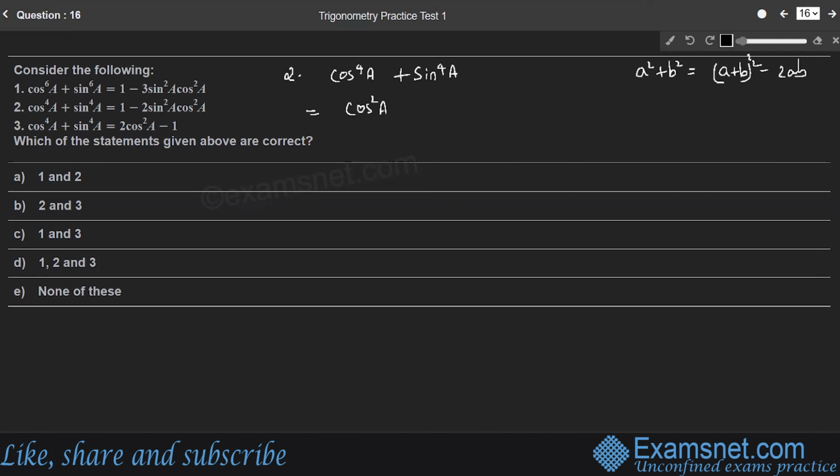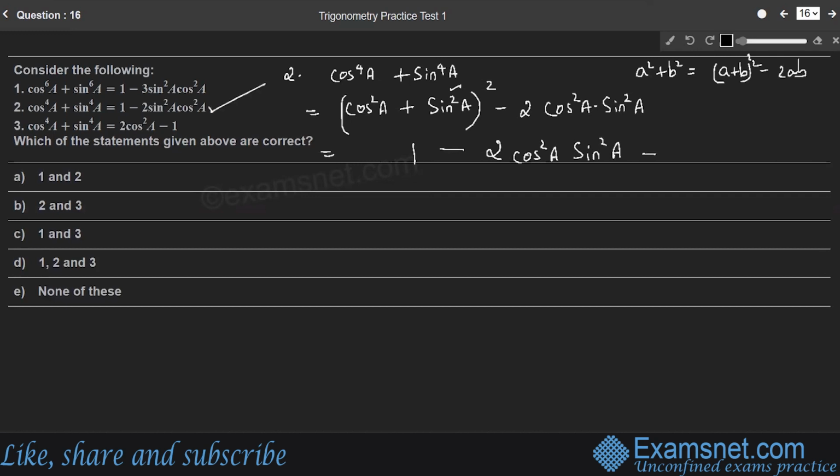So (a plus b) is (cos square A plus sin square A) the whole square, minus 2 times cos square A into sin square A, which is 2 times ab. Since cos square A plus sin square A is 1, its square is also 1, minus 2 times cos square A into sin square A. Therefore, the RHS is exactly the RHS of the given statement. Hence, the second statement is also true.